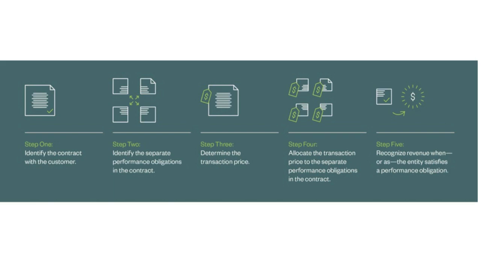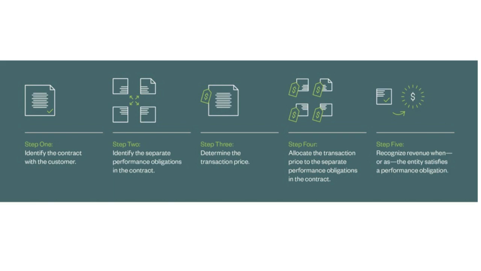So the contract might have multiple elements, and you need to separate out those elements, then determine the transaction price of the overall contract, and then allocate that transaction price to those various performance obligations within the contract. And then the last step is recognizing that revenue once those performance obligations have been satisfied.